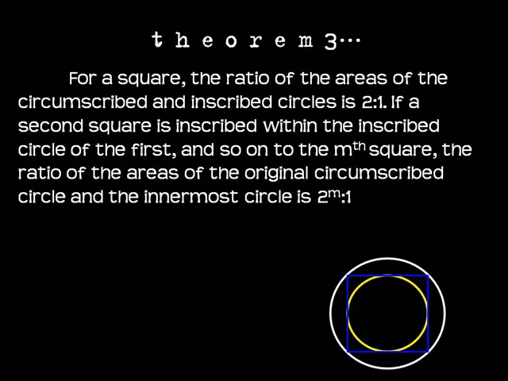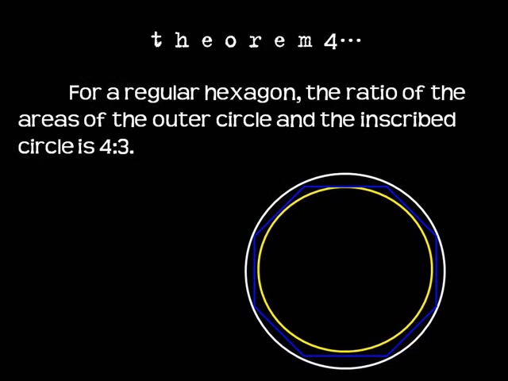But the ratios are a little different, being 2 to the power of m and 1. Our fourth and final theorem carries the same idea, but is looking at a hexagon. Here, our ratios are 4 to 3.